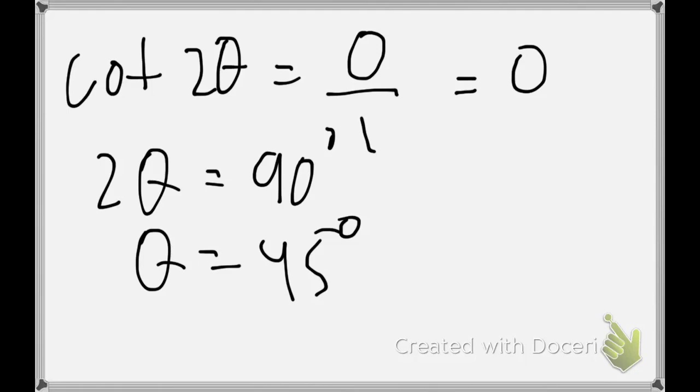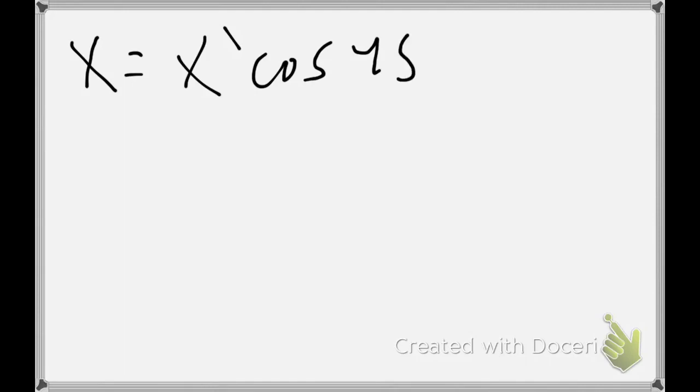Now that we have the angle, we can use our next equation, x equal to x prime cosine theta minus y prime sine theta, and the other one for y, to find the primed form of x and y. So x is equal to x prime cosine 45 minus y prime sine 45. Sorry for the handwriting.